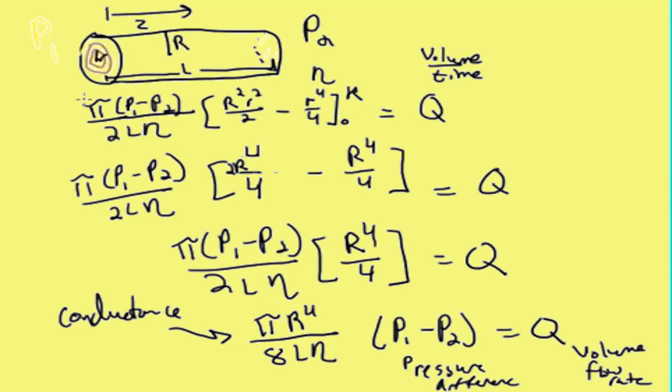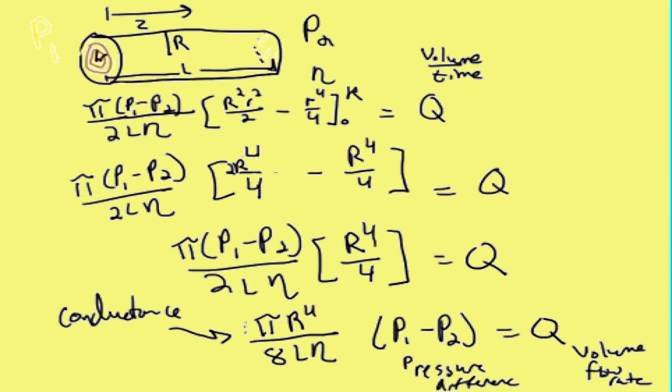So volume goes as r cubed, this is going as r to the 4th. So what we see is if you change the radius just a little bit, you're going to have a large effect. The difference between 1 to the 4th and 2 to the 4th is 15. So 1 to the 4th is still 1, 2 to the 4th is 16, which is quite large.